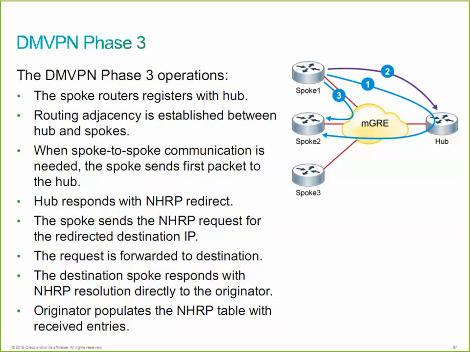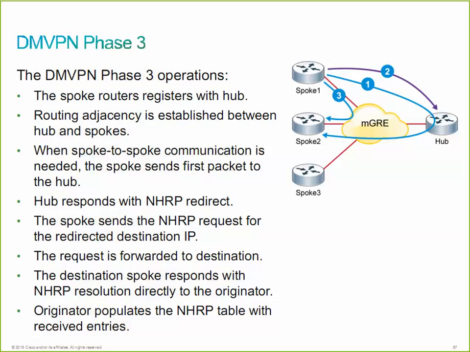So that first packet goes to the hub router. The router then forwards that packet to the correct spoke because, because of the NHRP registration, the hub has complete visibility of where all these spokes exist, where all the networks exist, et cetera.